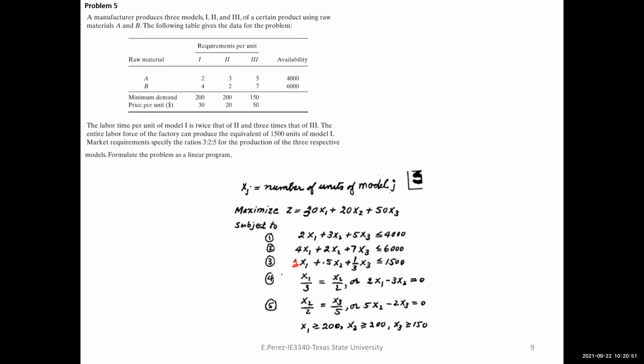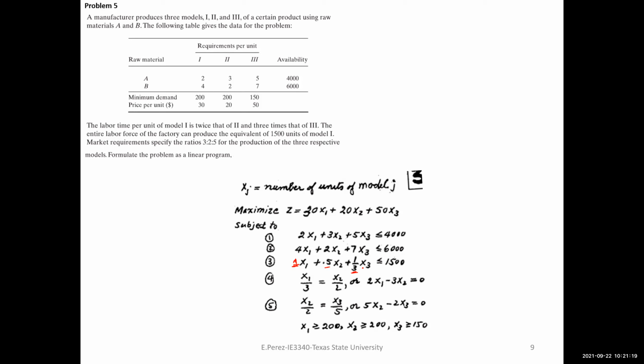And 3 times that of 3, so again, 1/3 of 1. So that's why we have these ratios here associated with the entire labor force, which is 1,500. And then we have market requirements that specify the ratios 3 to 5 for the production of the 3 respective models.